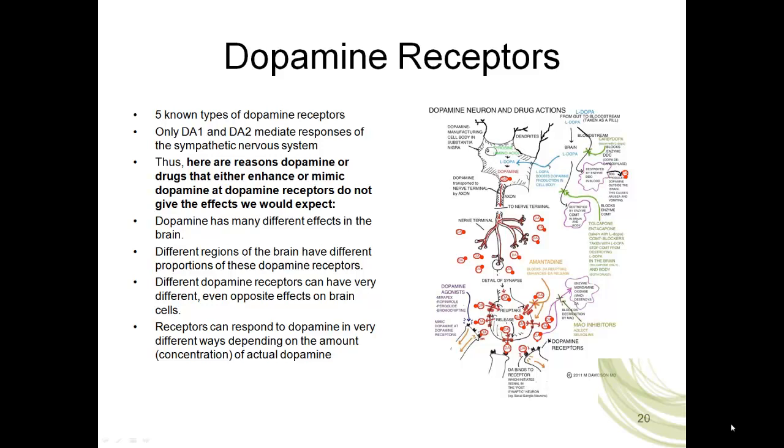So we need carbidopa bound to L-DOPA to preserve it in the bloodstream. And then the patient needs to be on other drugs that will inhibit other enzymes that degrade L-DOPA and dopamine. So the MAOIs, I want you to know that. If the patient is on all these drugs, then the remaining dopaminergic neurons in the substantia nigra have better ability to use the L-DOPA, convert it to dopamine, release it into the synaptic cleft.